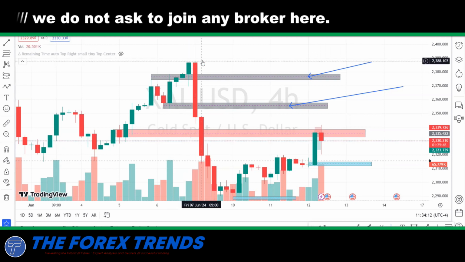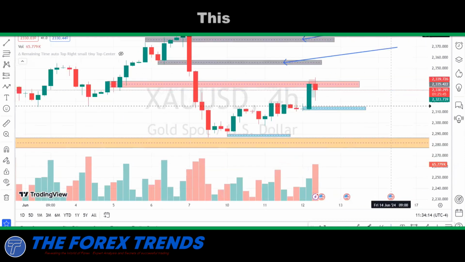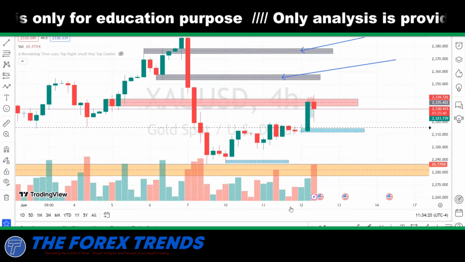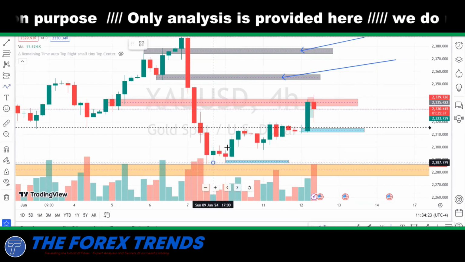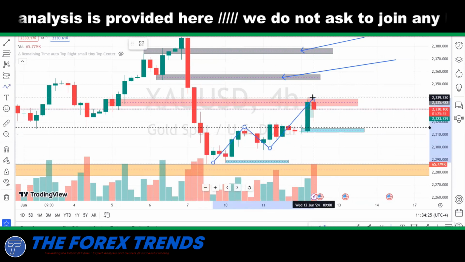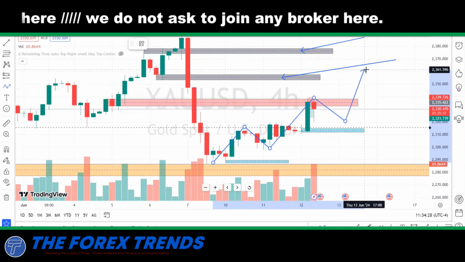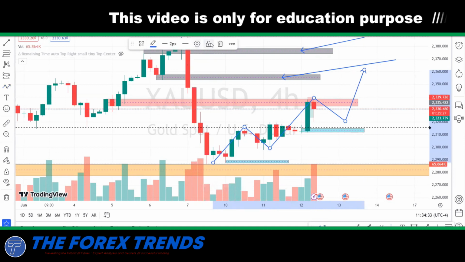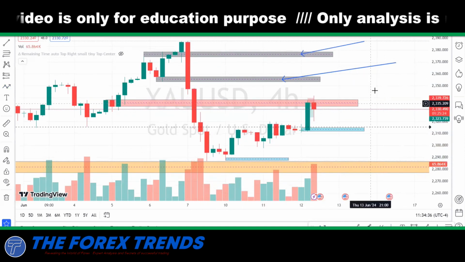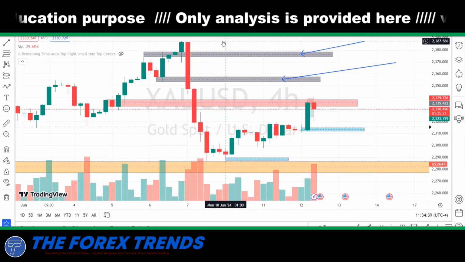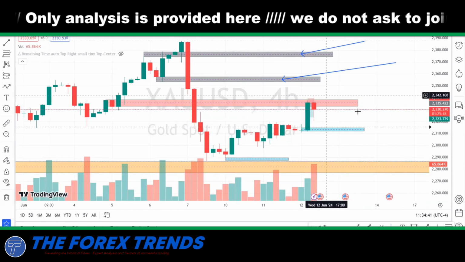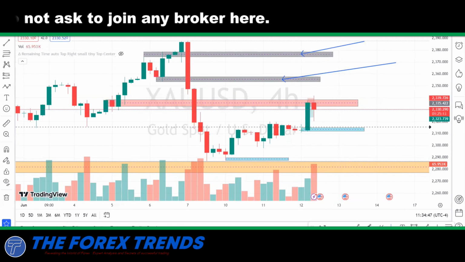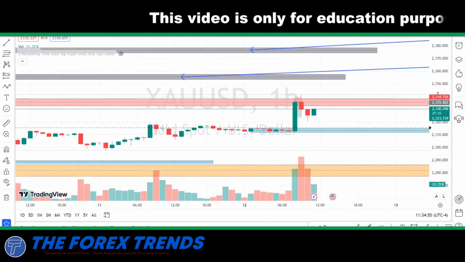We will remain bearish on gold. If the market is able to create 5 waves like this, 1 2 3 4 5, then we will turn our bias from bearish to bullish. So until either of these, we will remain bearish on gold. These are the two sell trade setups for today and tomorrow, and let's move to a smaller time frame for today.